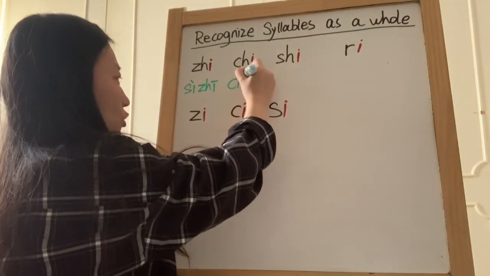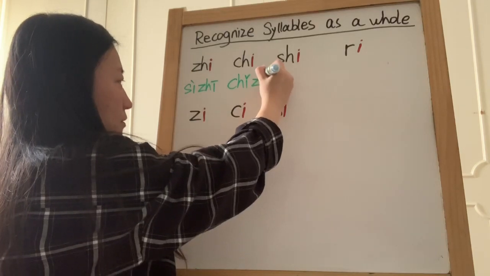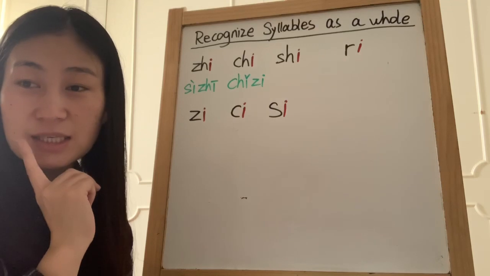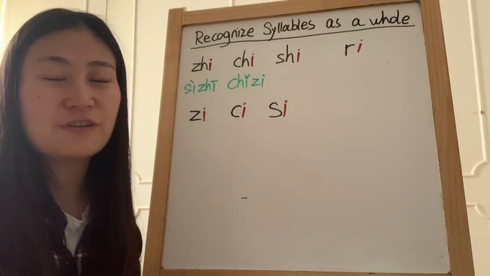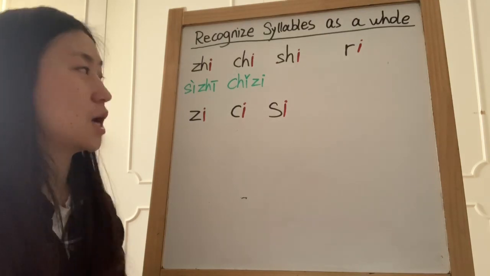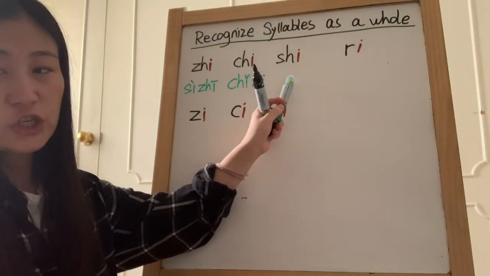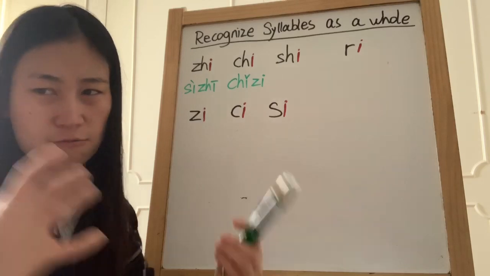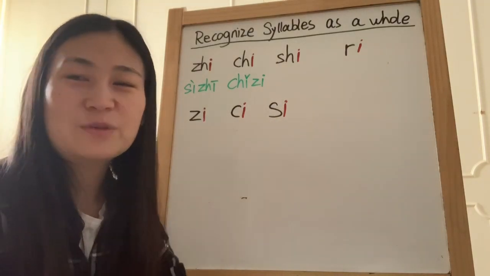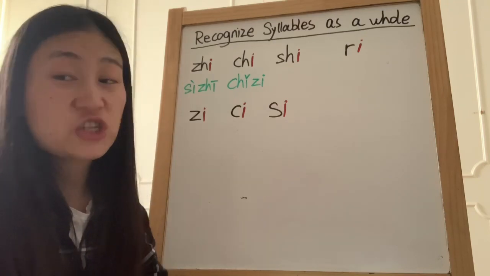For example, 尺子. Who can tell me what is 尺子? The thing that you can easily find in your classroom. A ruler. Yes, 尺子 is a ruler. 狮, an animal. Okay, the number 10. How do you say? 十.